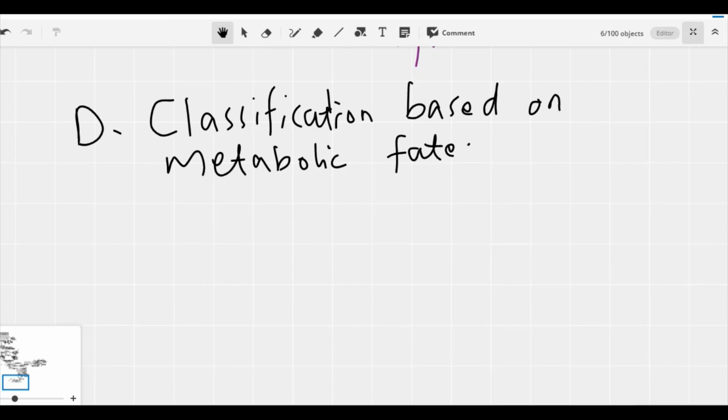Remember that the carbon skeleton of amino acids can serve as a precursor for the synthesis of glucose, that is glycogenic, and fat, that is ketogenic, or both.